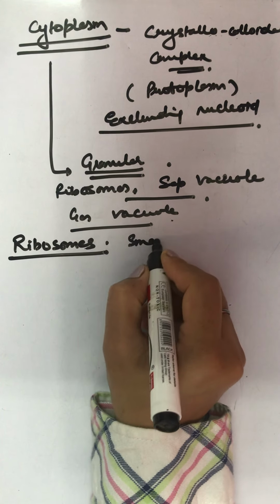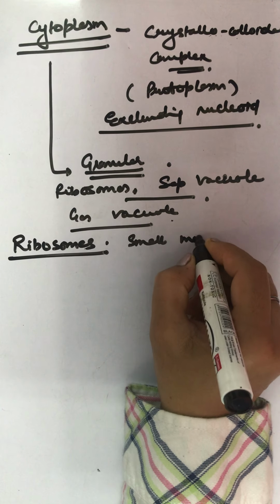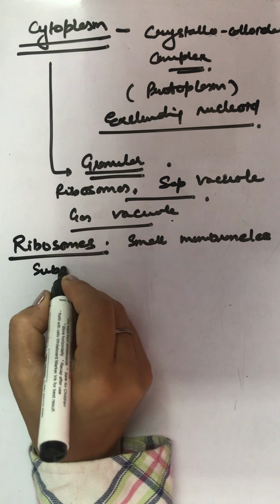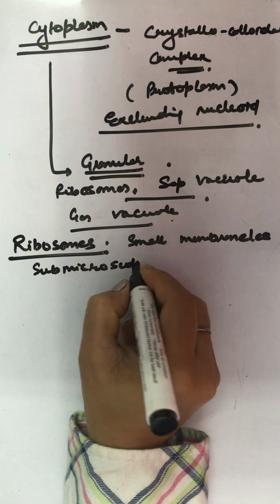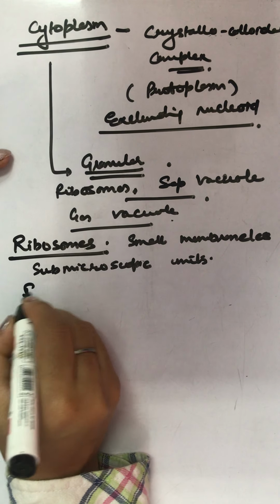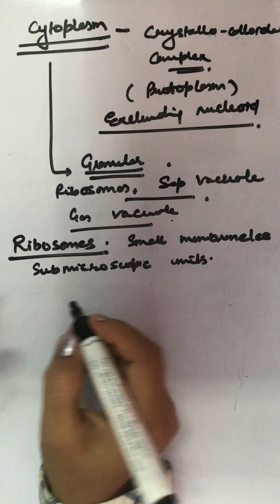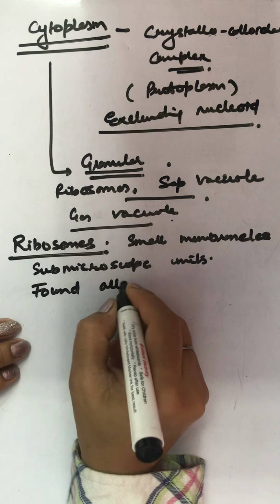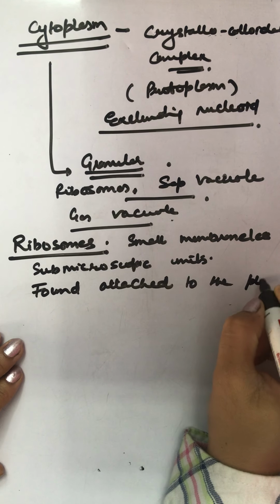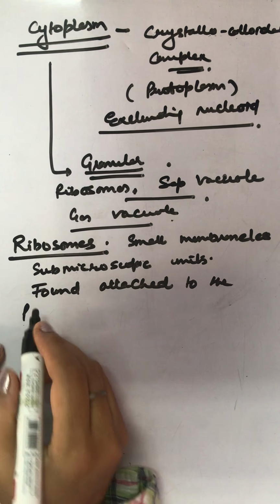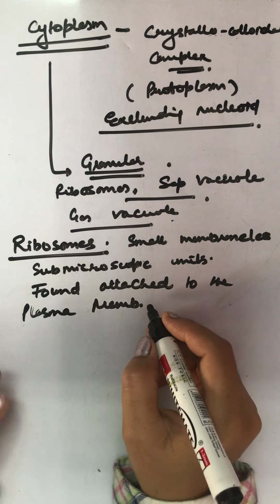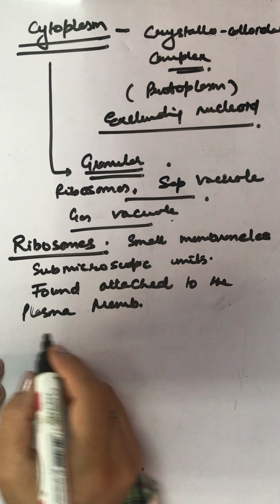They are small, membraneless, submicroscopic structures or units. These are of 70S type.